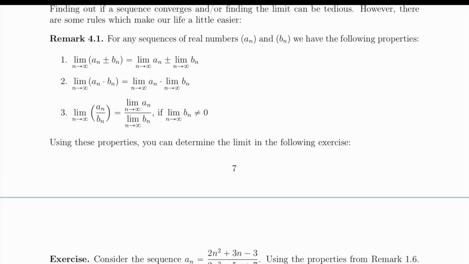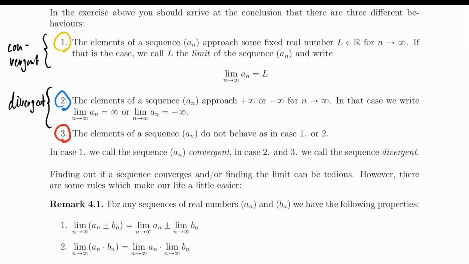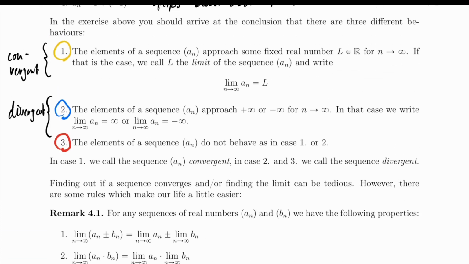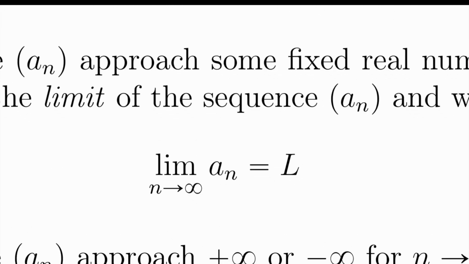All right, and if those limits exist and you have a convergent sequence, what we write here is we write the name of the sequence, and we stick this lim for limes or limit in front, and we say we want the limit of n going towards infinity.